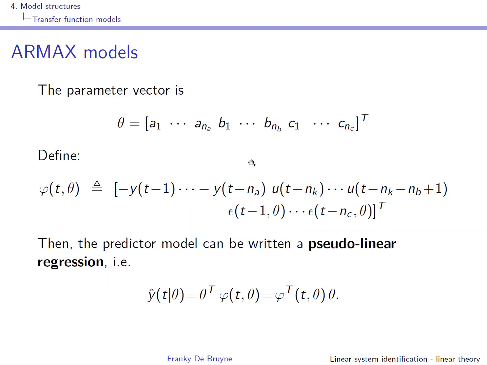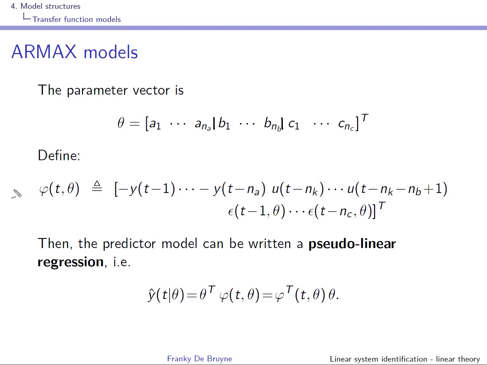So let's have a look if what we had found previously is correct. So remember, this is the parameter vector, it's a column vector. You have the A's, the B's, and the C's. This is the new regression vector.